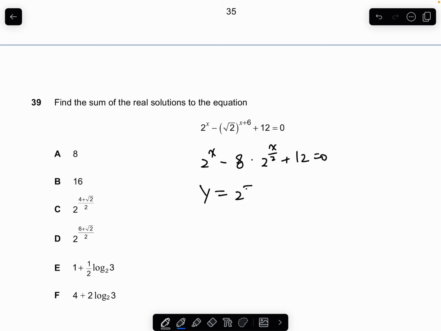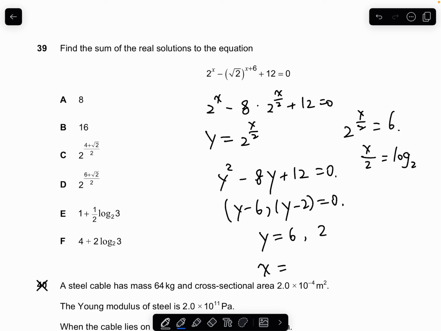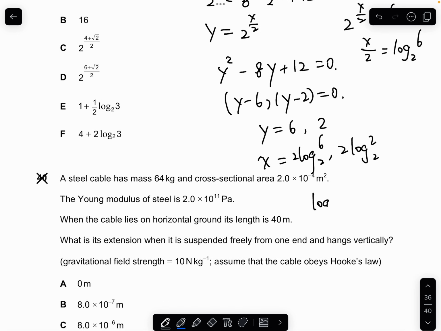So we set this. So this and x and this, find the sum.